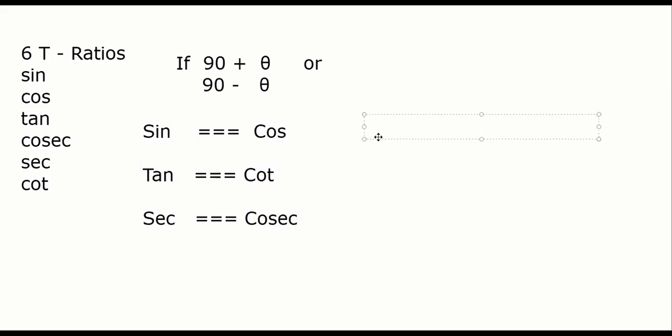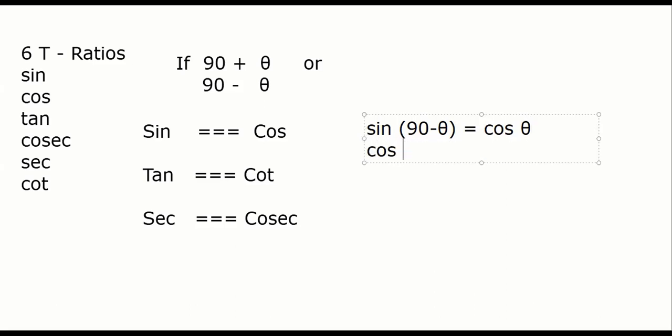It means if you say sine of 90 minus theta, sine will turn to cos, because sine and cos are a pair. So when it is 90, it changes. Sine becomes cos, cos becomes sine.